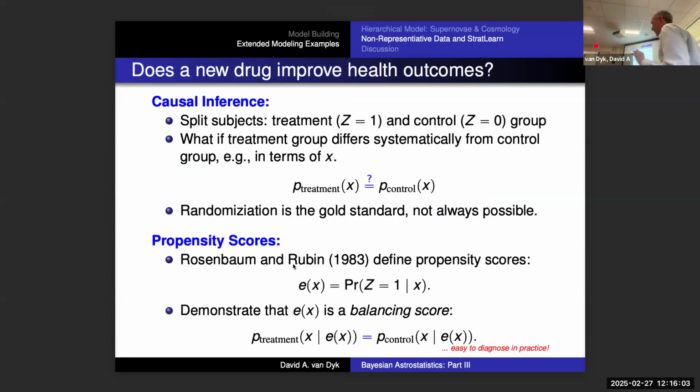So to address this, we take a page from causal inference. Causal inference is a statistical pursuit where you have observational data and you want to try to learn causal relationships.